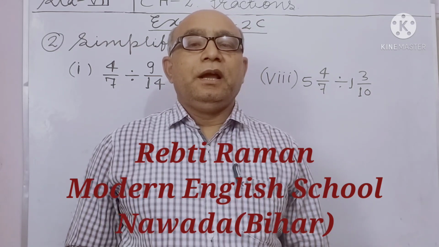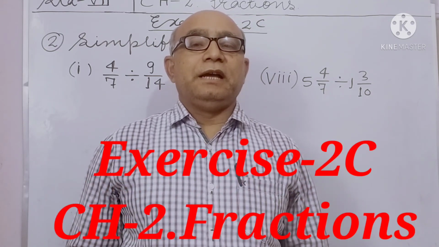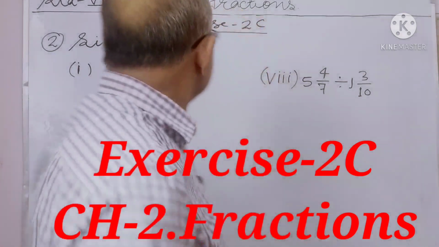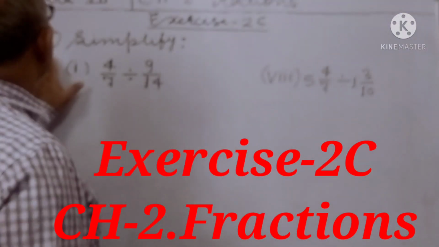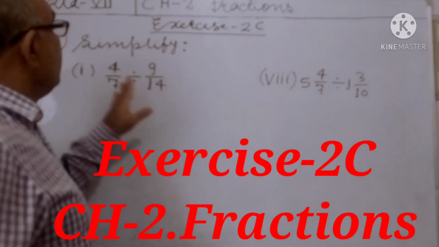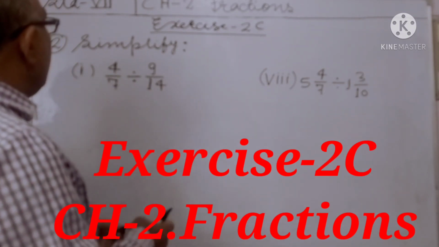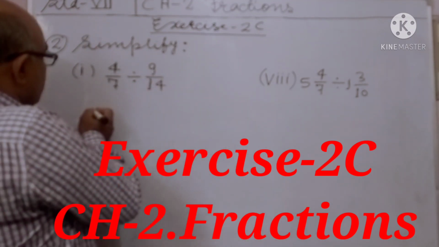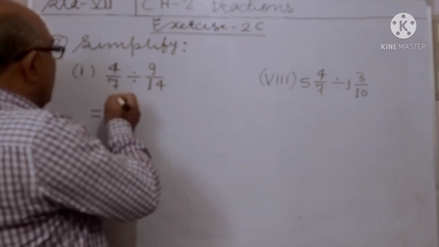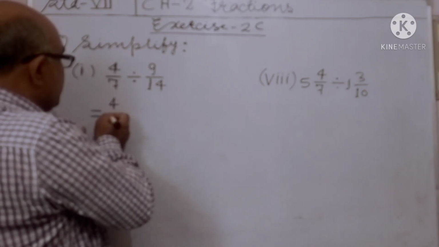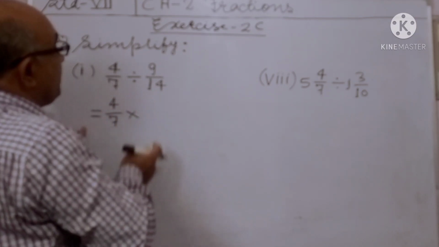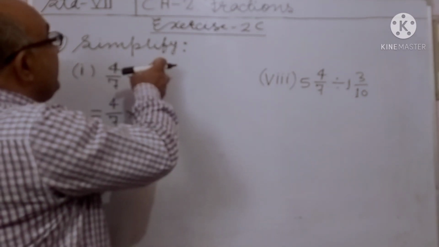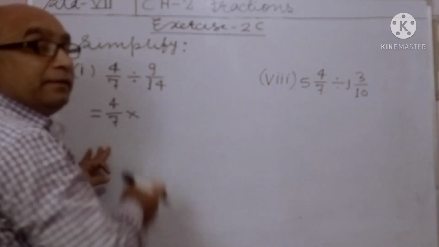Students, today I shall solve exercise 2C of chapter 2, Fractions. Two questions are written here. Simplify 4 by 7 divided by 9 by 14. So divide changes into multiply. 4 by 7 multiply, and when divide changes into multiply, write the reciprocal of 9 by 14.